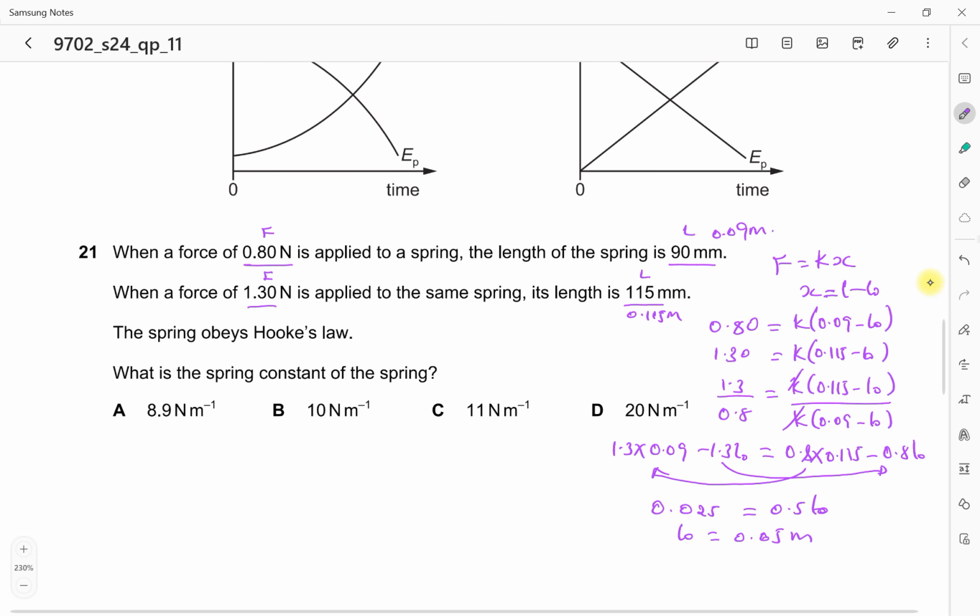So I now want to find K. I substitute for L naught in the first equation.